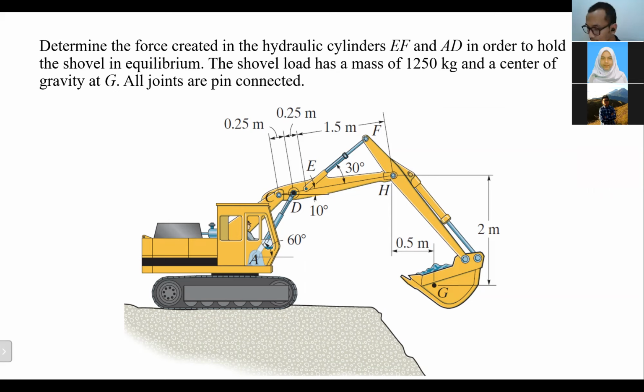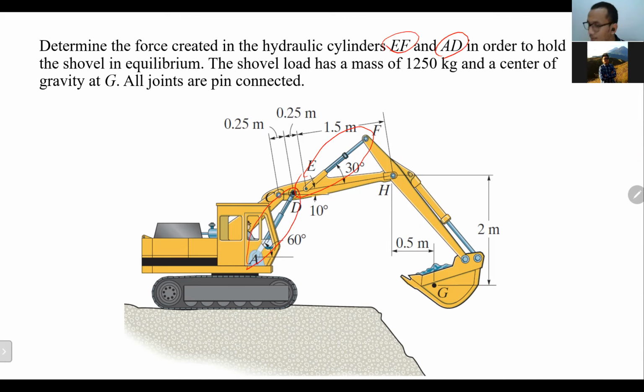So, I will just discuss this particular problem. In order to solve this, the first thing you are supposed to do is understand the problem. After that, analyze which members are two-force members. In this case, we have two two-force members, EF and AD, and those two are the ones being questioned as well.